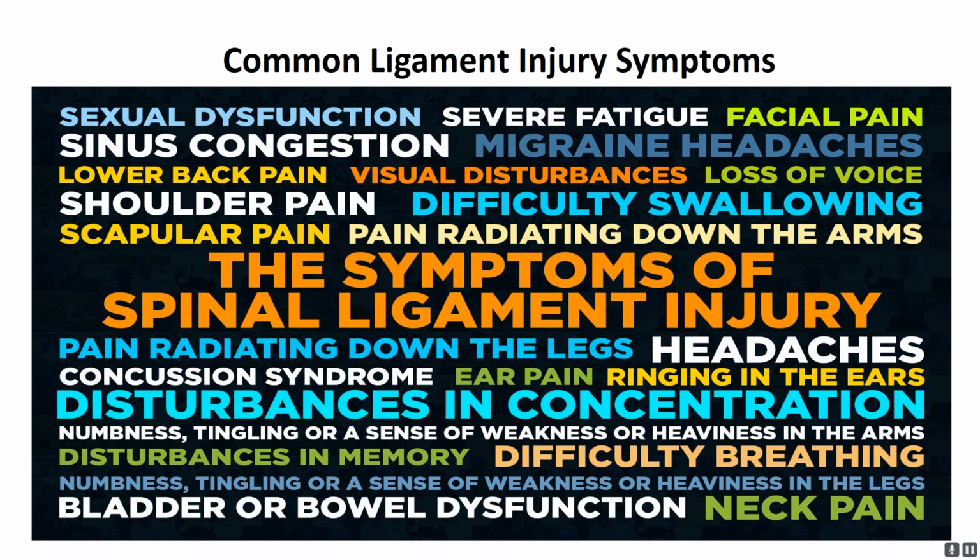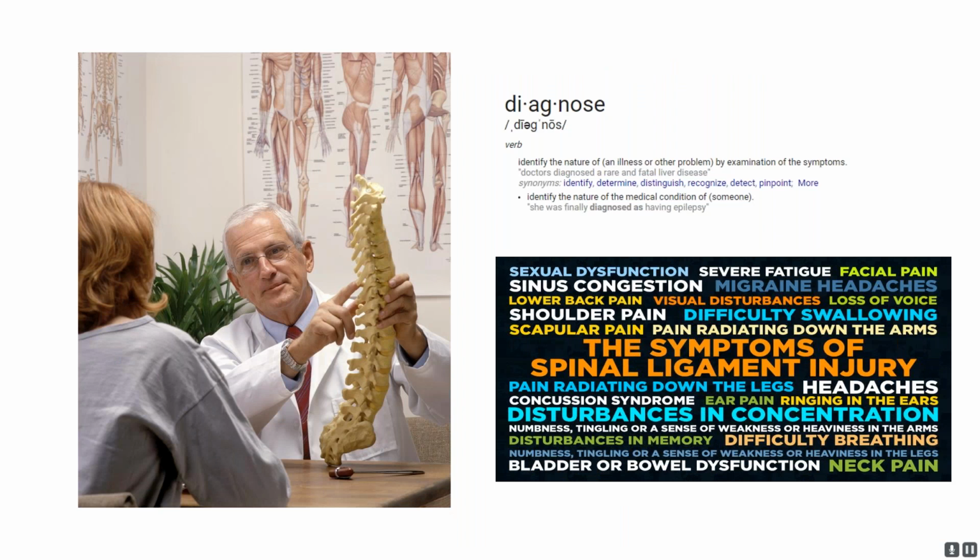There are so many Americans that suffer chronically from this condition. And what is it caused from? Well, anytime you diagnose something, your diagnosis is the examination of the symptoms. You look at the symptoms and then you go backwards to look for a physical cause of what's causing the problem.